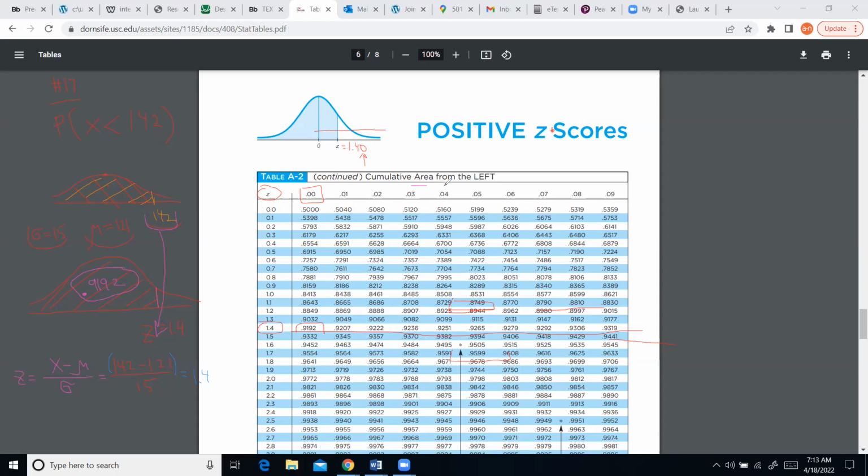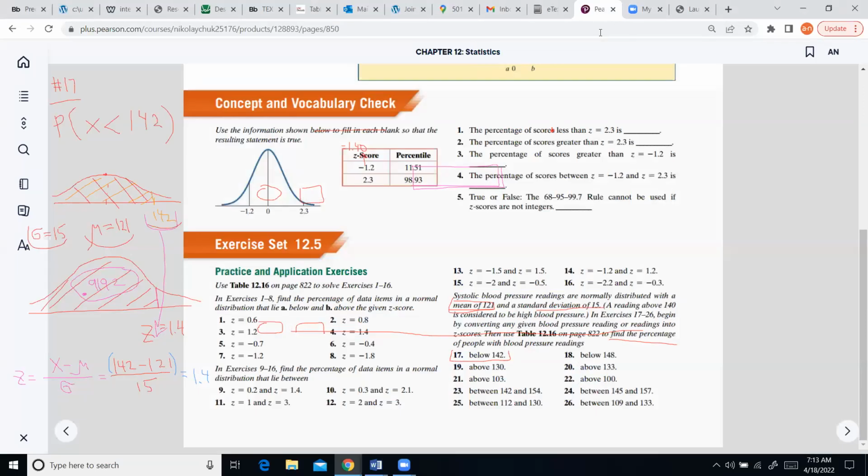And that's exactly what tables tell me. To get the area from the left, all you do is just see what's on the intersection of the row and the column. So we did this last time in class. I know it's been a while ago, but the good thing about these exercises is they're pretty much all the same. So you just get a Z-score and then from tables, pull out the number you need.